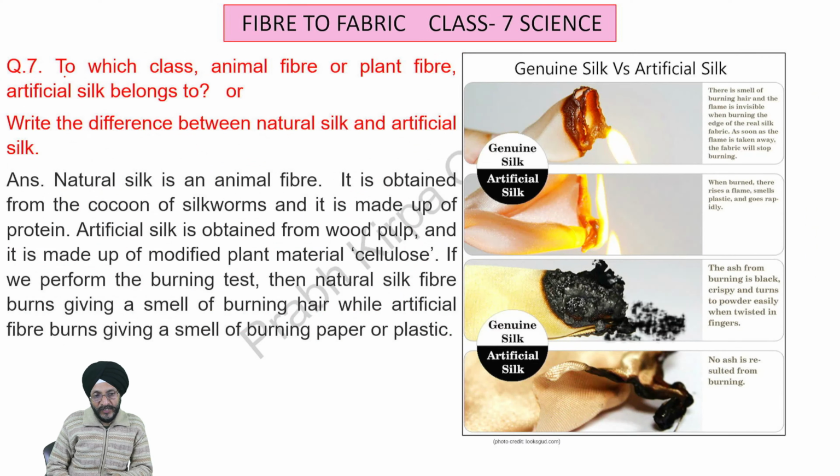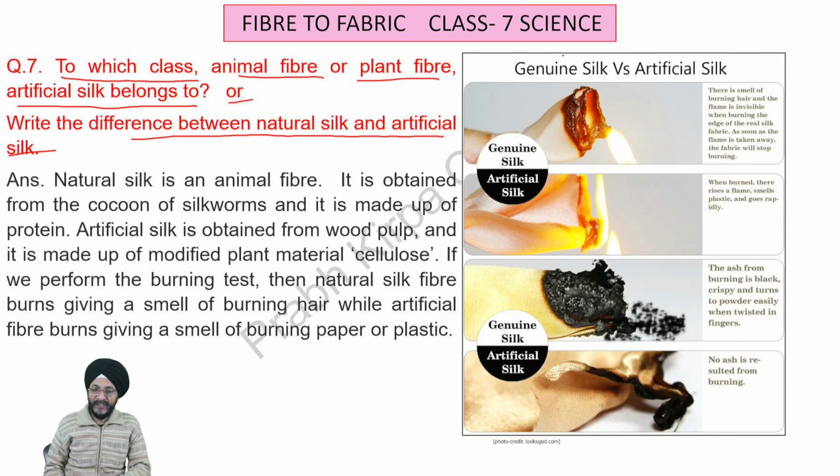Next question: to which class, animal fiber or plant fiber, does artificial silk belong? Or what is the difference between natural silk and artificial silk? In this photograph, you can see that we are burning genuine silk, and here we are burning artificial silk.